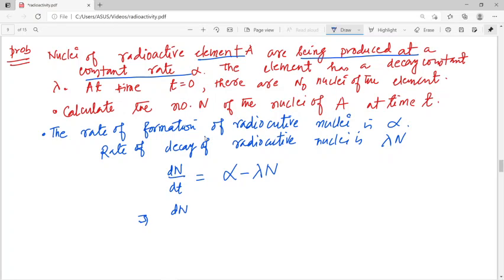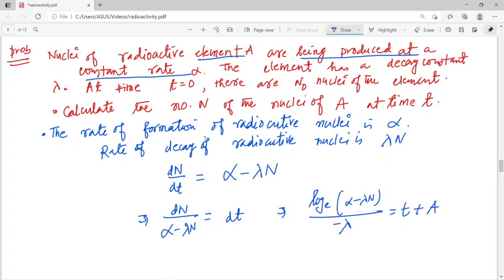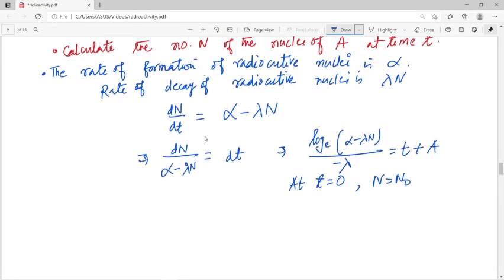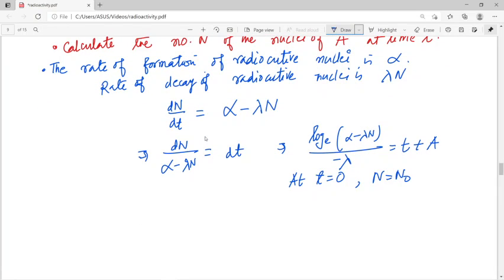Now if you solve it, dn by alpha minus lambda n equals dt, and if we integrate both sides, then that should be log e of alpha minus lambda n by minus lambda equals t plus some constant a. It is given that at t equals 0, the value of n equals n naught. If we put that, then the value of a will come out as log e of alpha minus lambda n naught by minus lambda.